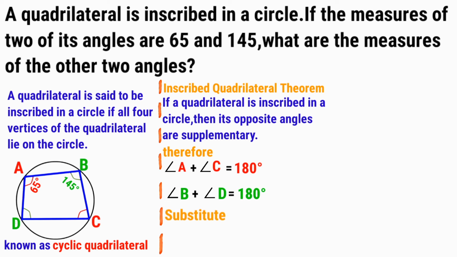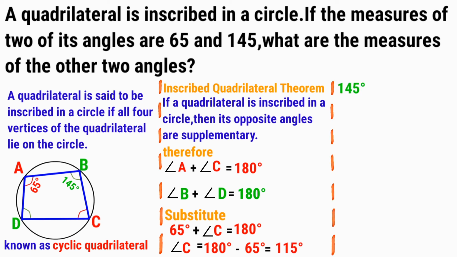Substitute, 65 degrees plus angle C is equal to 180 degrees. Transpose 65 degrees to the right side. Angle C is equal to 180 degrees minus 65 degrees, which is 115 degrees.